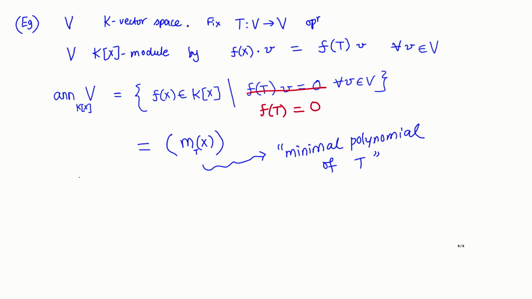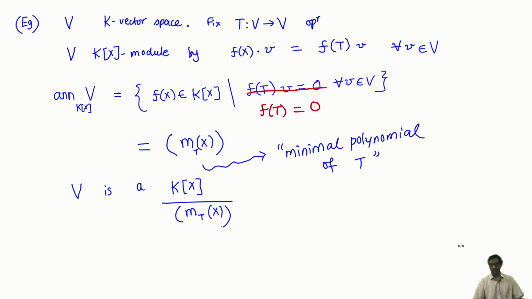In fact what this implies is that if I make V into a k[x] module using my operator T, then it's more than just a k[x] module. V is actually a module over k[x] modulo any ideal which is contained in the annihilator. In particular, it's a module over k[x] modulo the ideal (m_T(x)).